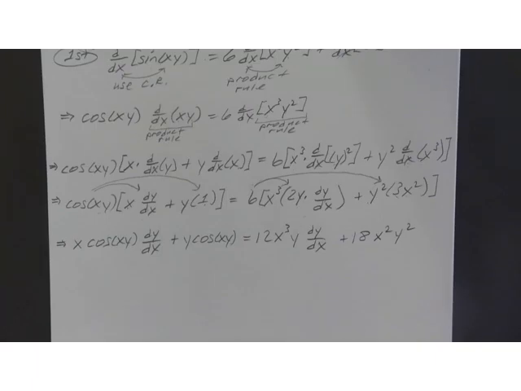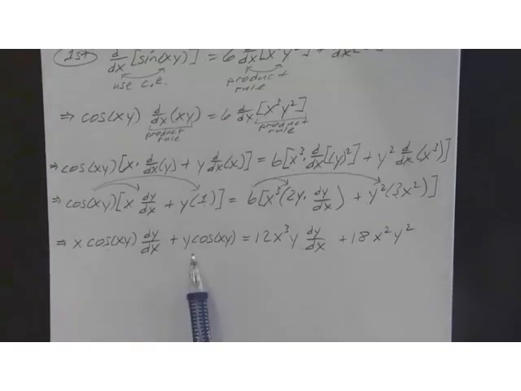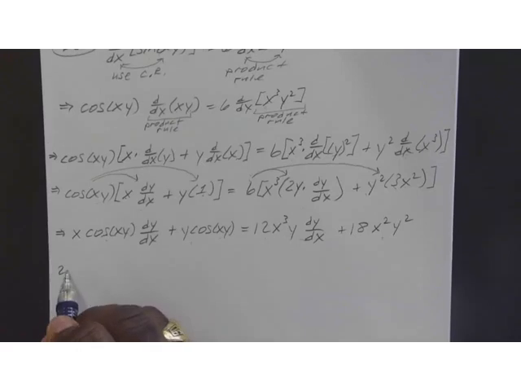So that brings us to our second step, is we have to get all the dy dx terms to one side and all the terms that don't have dy dx to the other. So we're going to move this term over to the left, and this y times cosine of xy, we're going to move that over to the right. And I'll just rewrite it out.